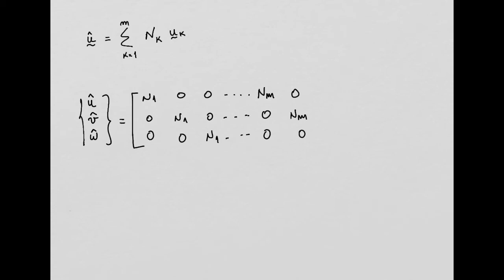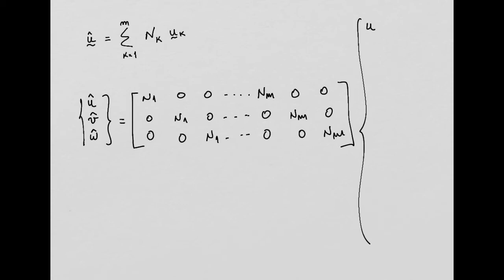Okay. And then this will multiply the vector.